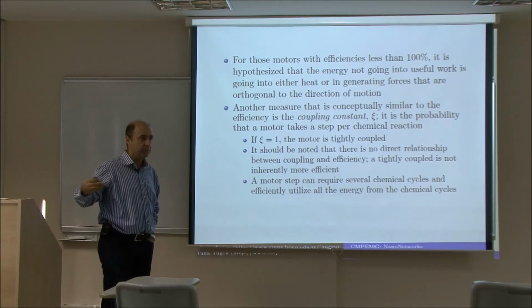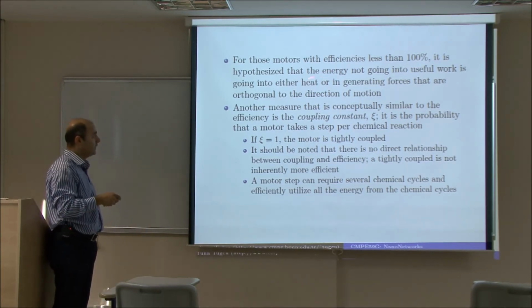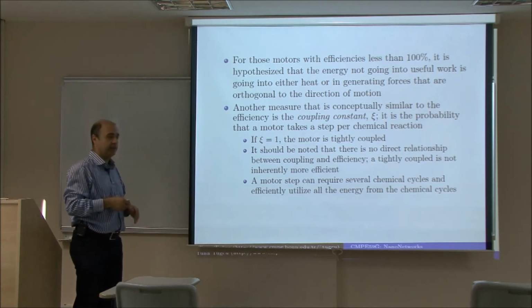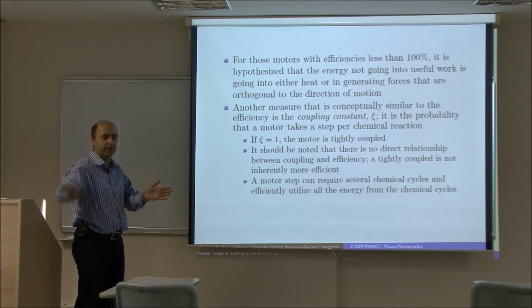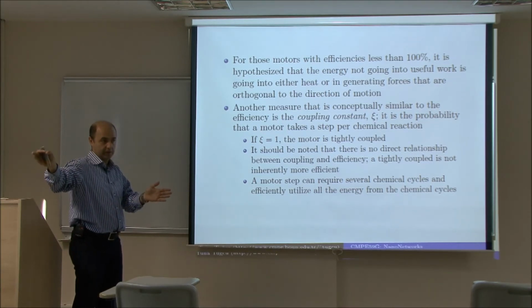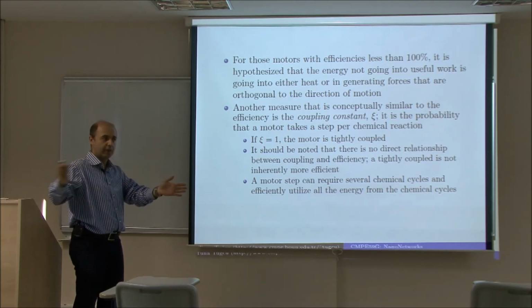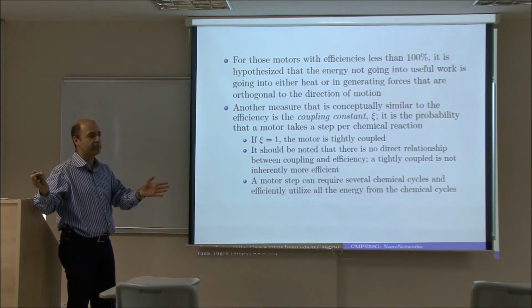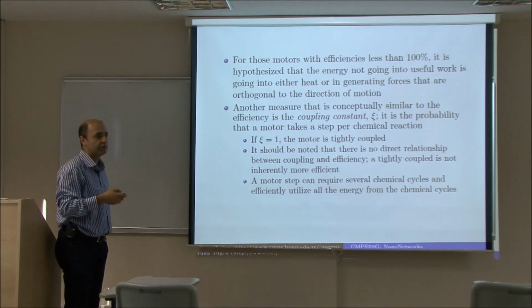Some of the energy is wasted. And that waste is due to either heat or it is used for generating forces that are not in the direction of the movement. They're perpendicular to the rail, which is determining your direction. Okay? So it was a force generated in an incorrect direction. So that force would not be producing any useful work.